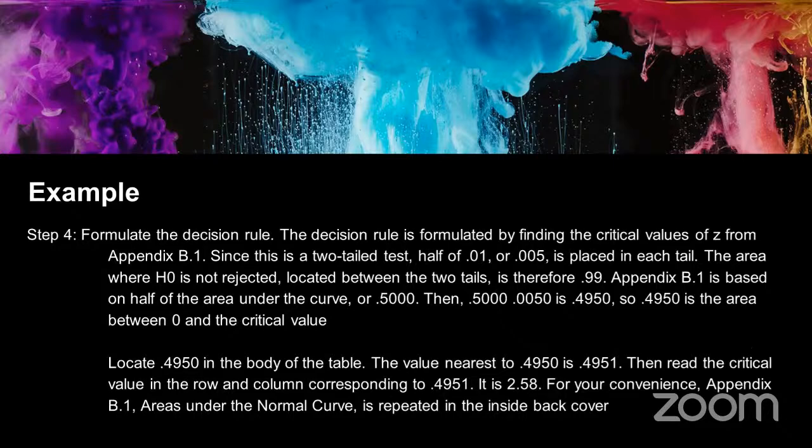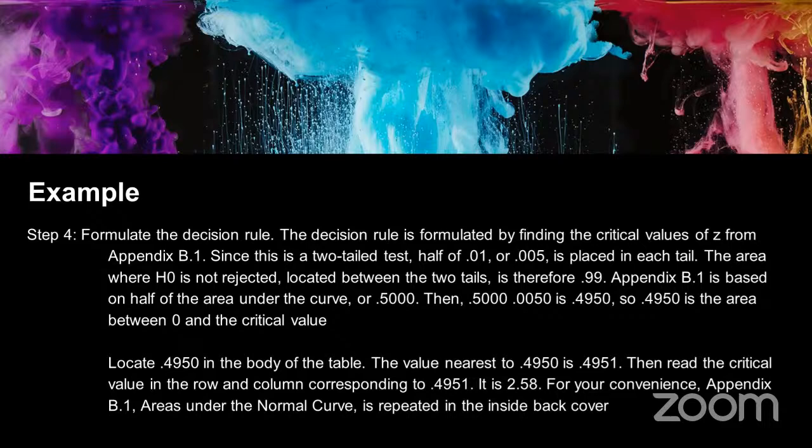Step 4. Formulate the decision rule. The decision rule is formulated by finding the critical values of z from Appendix B1. Since this is a two-tailed test, half of 0.01, or 0.005, is placed in each tail. The area where H sub 0 is not rejected is located between the two tails. It is therefore 0.99. Appendix B1 is based on half of the area under the curve, or 0.5000.